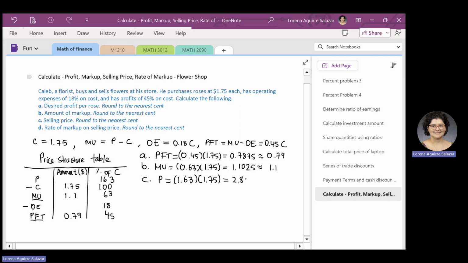And that's about 2.85. Here we have 2.85. That's what we get. Notice that when we do 2.85 minus 1.75, we obtain a 1.1. That should be true because markup is price minus cost.